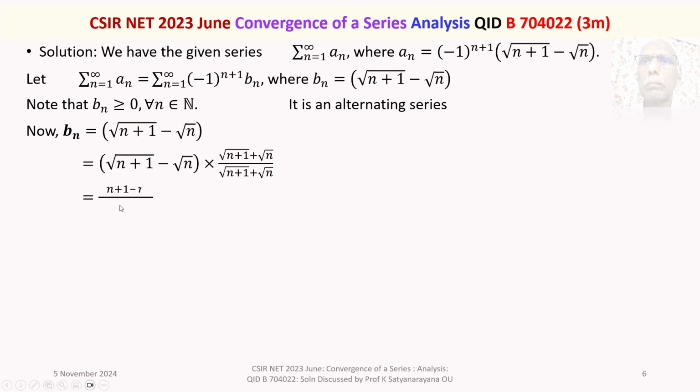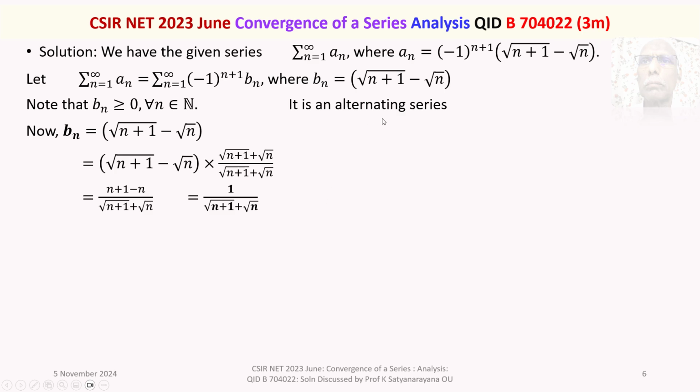Then you will get n+1 minus n, divided by square root of n+1 plus square root of n. In the numerator, n and n cancel, and you are left with 1. That is equal to 1 by square root of n+1 plus square root of n.